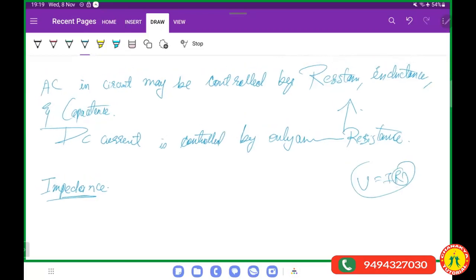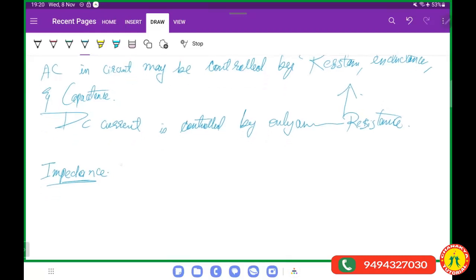Same way, in an AC circuit, we have impedance, the total resistance for the whole circuit. Impedance can be just R, or R and L, or R, L, C, or L and C. Anything it can be. Let's see how. It is denoted by Z.